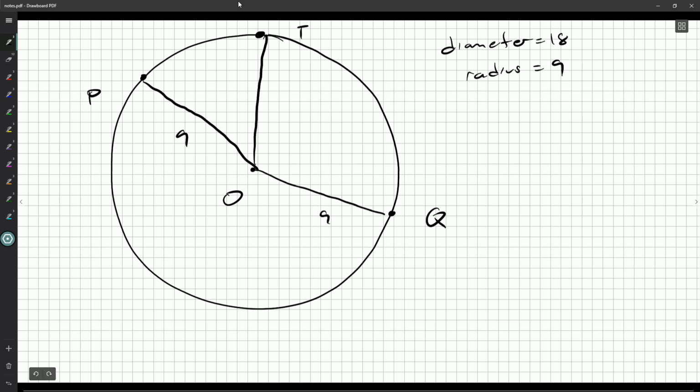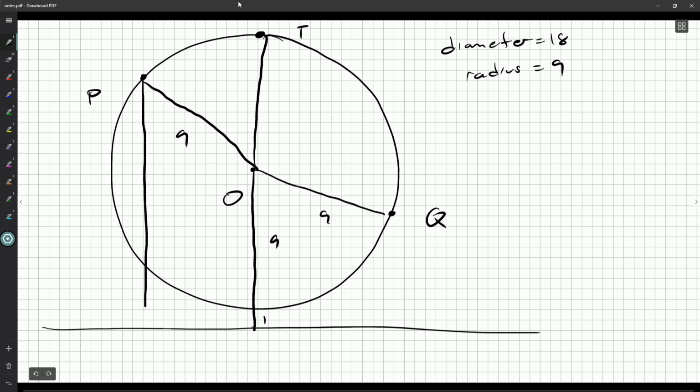Now I want to drop some heights. So we know the ground is here. So I know this is 9. This is 1. Let's make A right below P. We'll make B right below Q. So what I want to work out is QB.